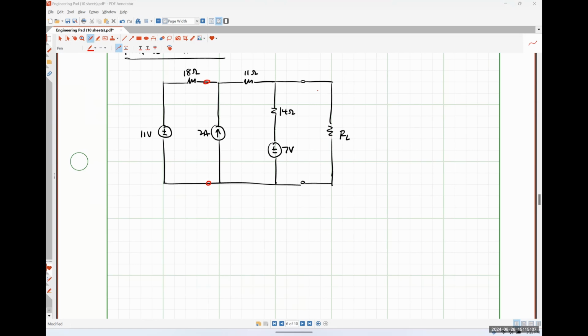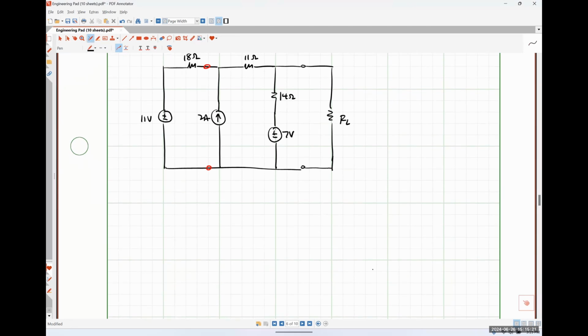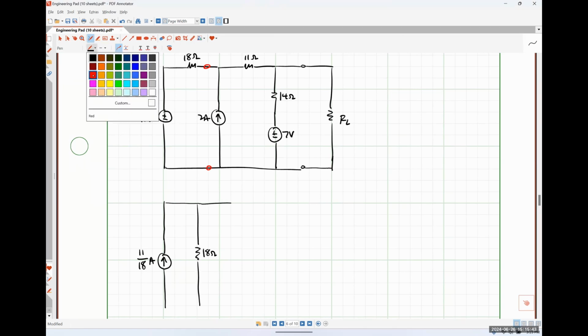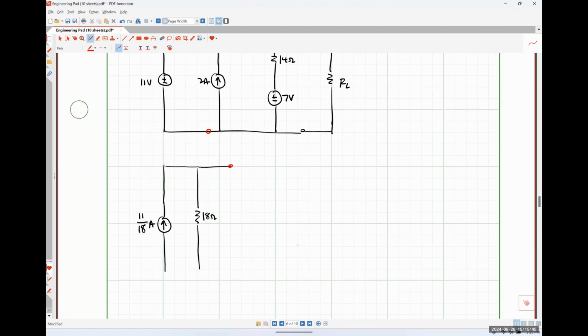Performing this particular source transformation is going to allow me to combine some current sources. Let me show you what I mean. We're going to have a current source of 11 over 18 amps in parallel with 18 ohms. Here's my red set of terminals.